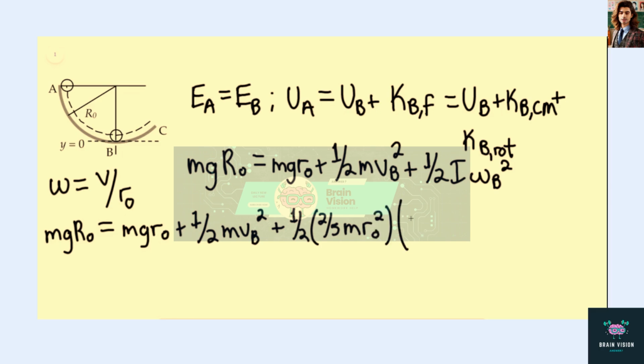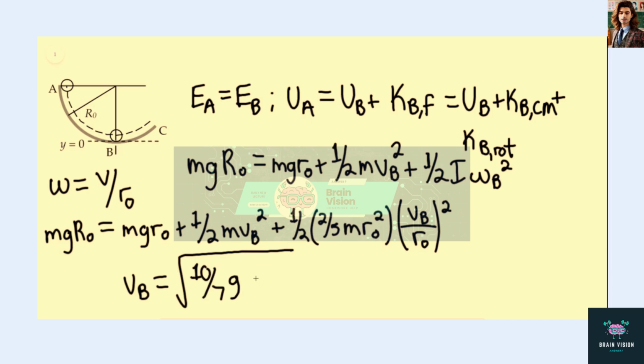And then this would be multiplied by the linear velocity at b divided by the radius of the sphere squared. And so the linear velocity at b is going to be equal to 10/7 times g multiplied by R minus r.